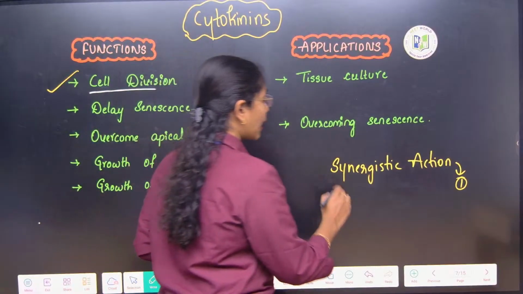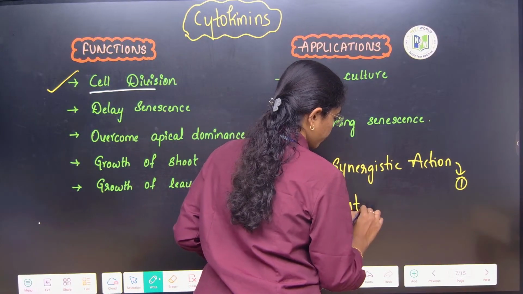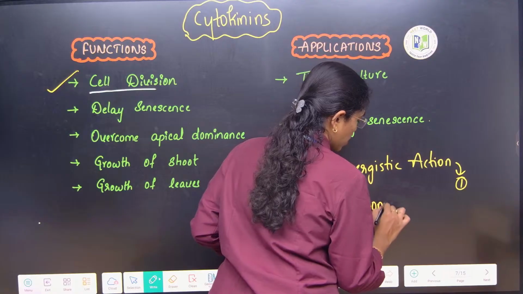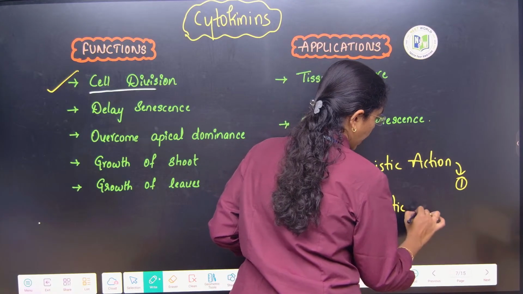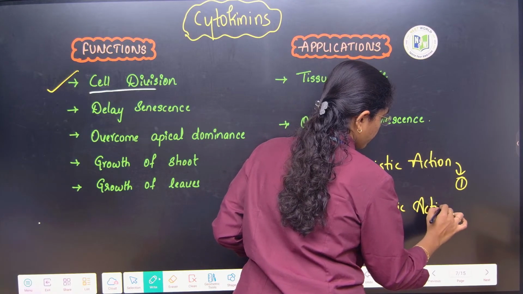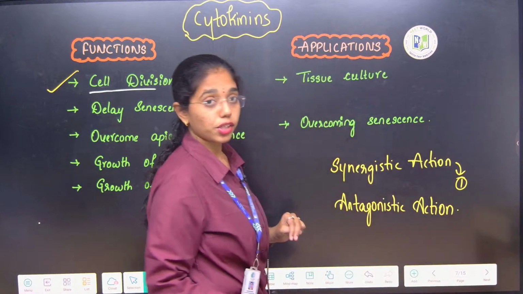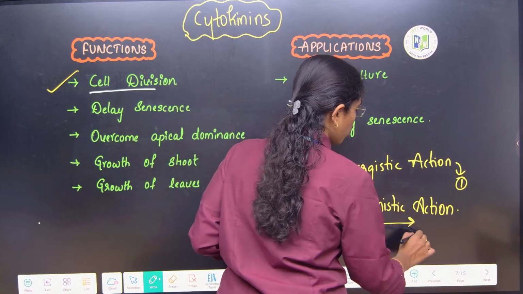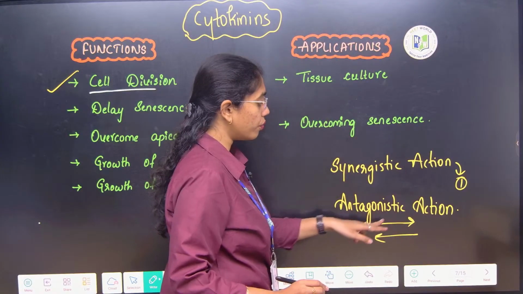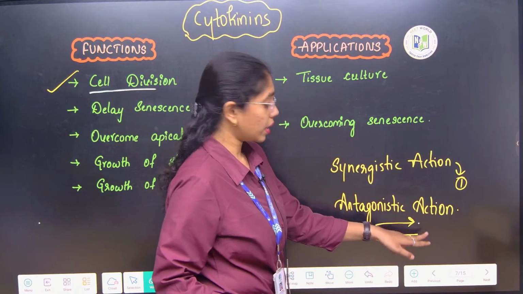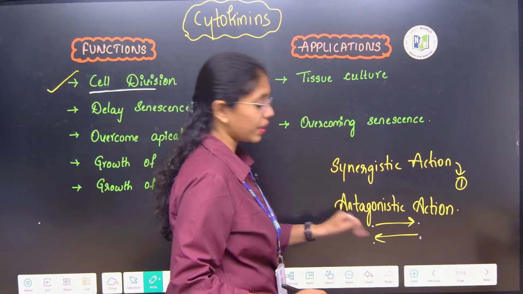Second is antagonistic action. Okay, antagonistic action. Here one hormone will promote the activity, other hormone will inhibit the activity.